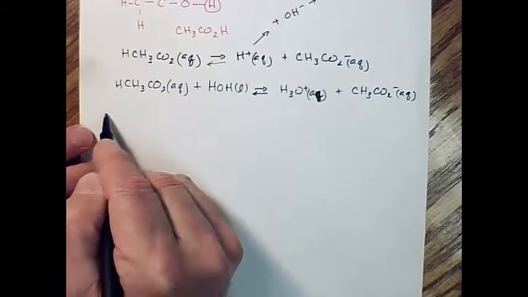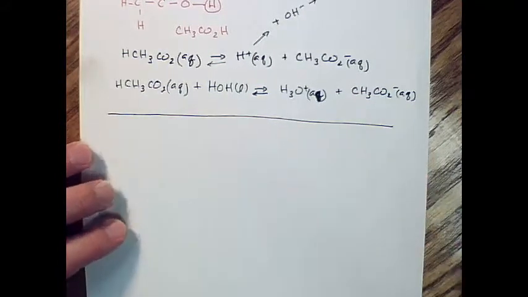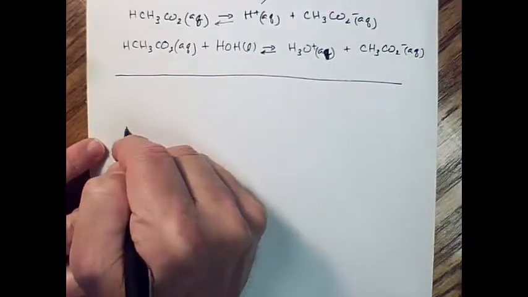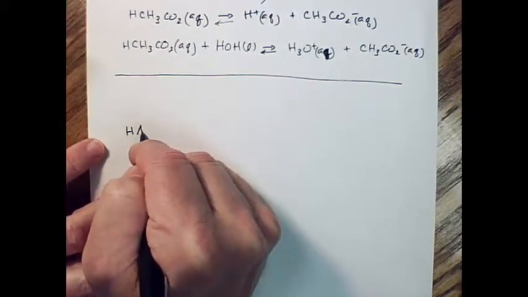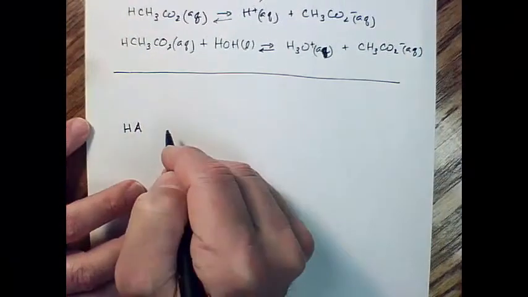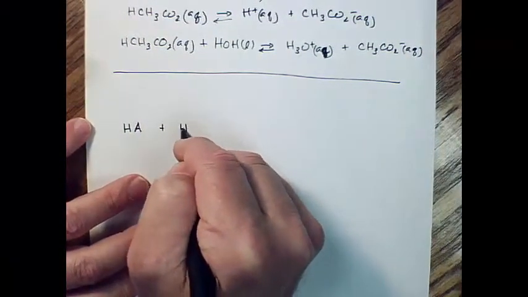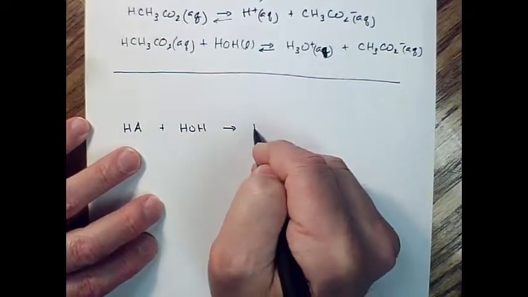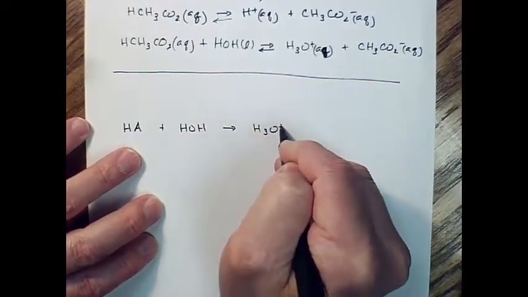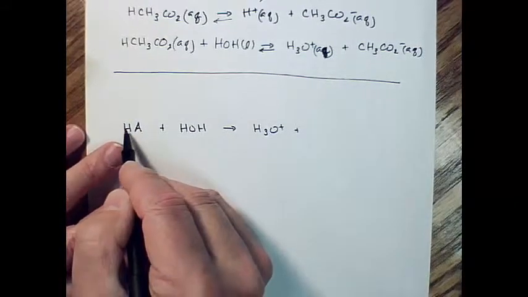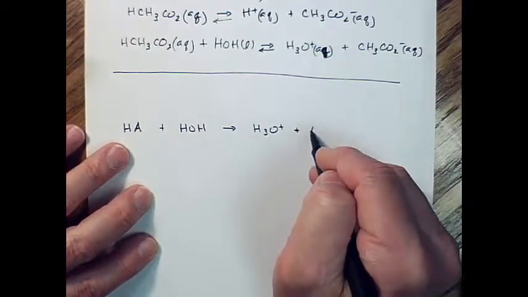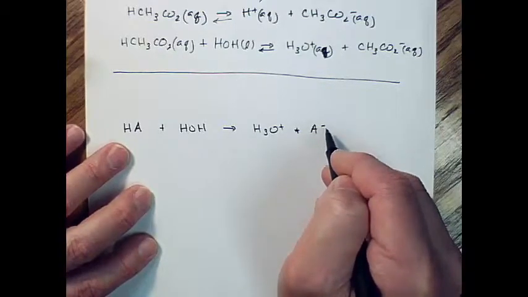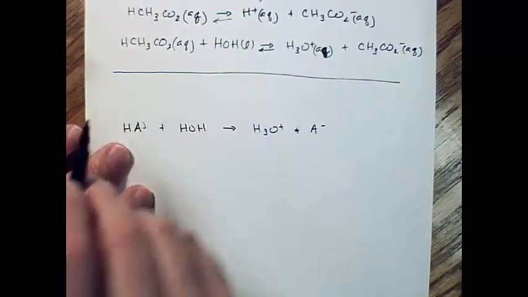So in general then, we can say that a Bronsted-Lowry acid behaves in this way. We have a hydrogen ion attached to some kind of anion. That's going to react with water to form hydronium, and when we remove that hydrogen ion, what we have is an anion with a charge that's 1 more negative than the original acid had.